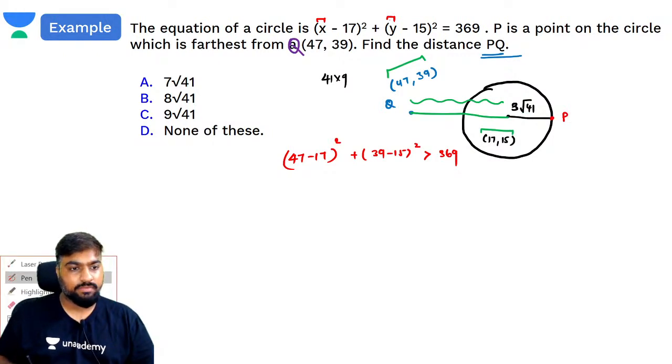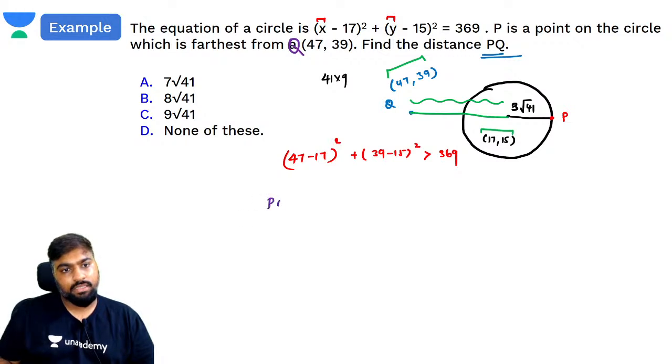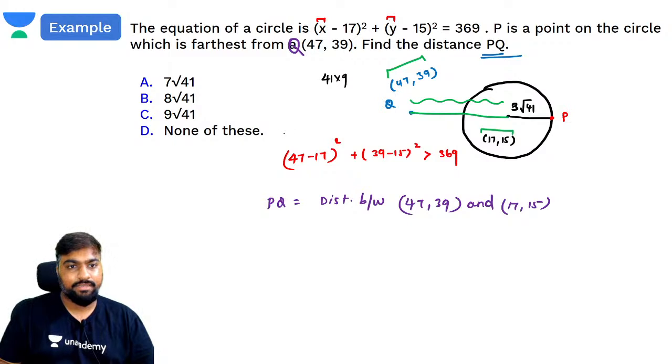So what is PQ? PQ is basically the distance between 47, 39 and 17, 15, which will be this. Take its square root, plus the radius.